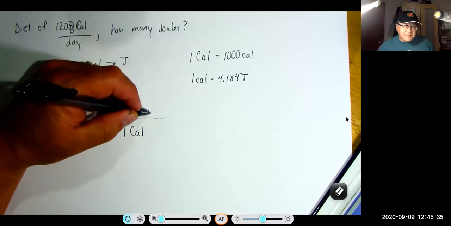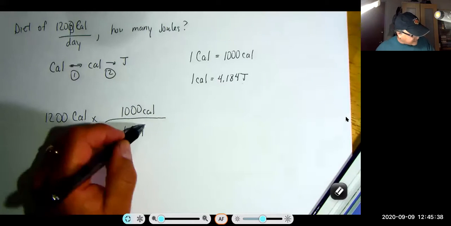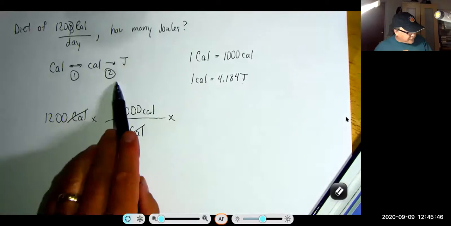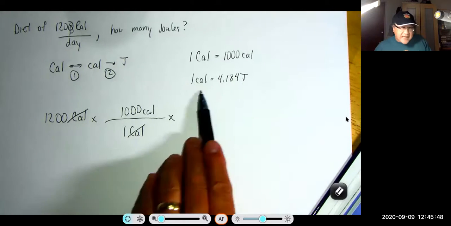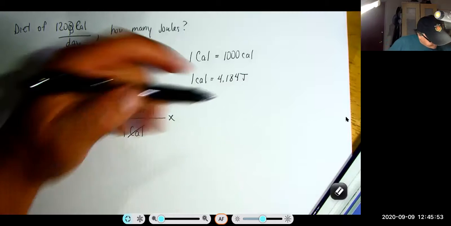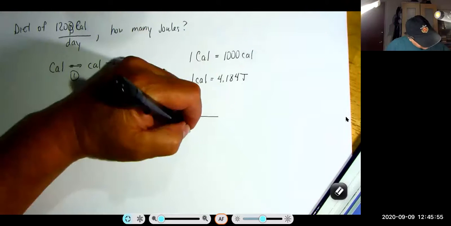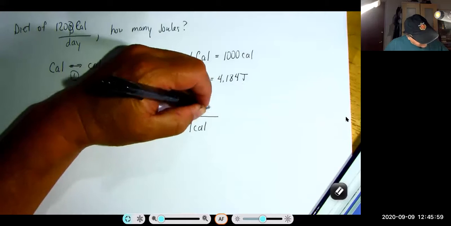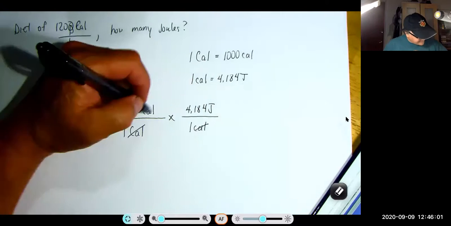I'm doing that simply because I want the cals to cancel. The uppercase cal cancels with the uppercase cal, not the lowercase. Next, for number 2, I'm going to use this conversion, and I want to cancel the lowercase cal, so I'm going to put this on the bottom, and this on the top. And my lowercase cals cancel.